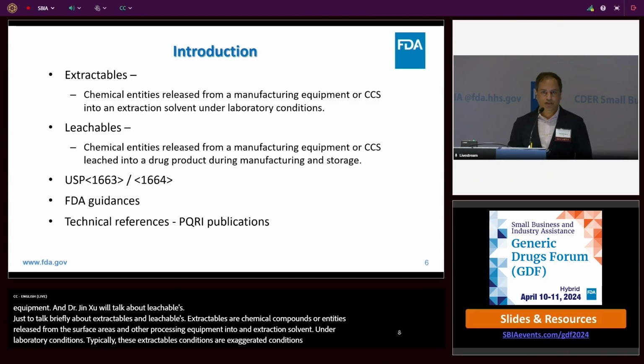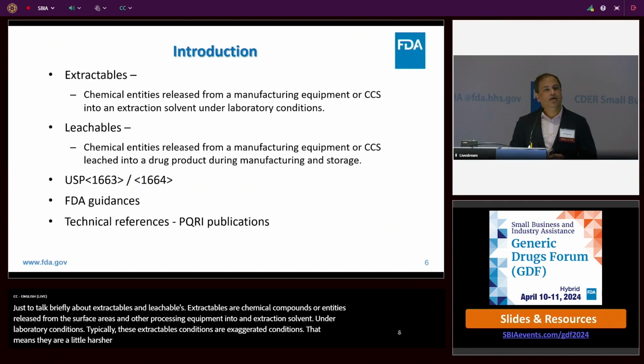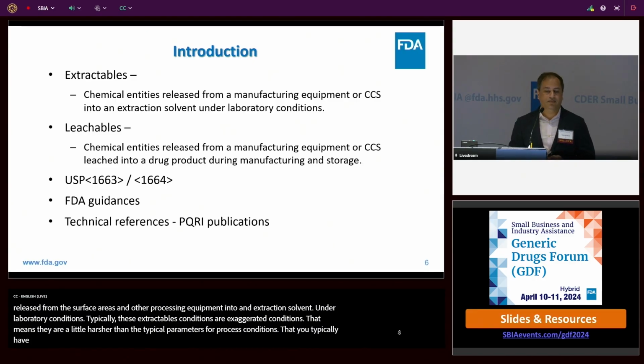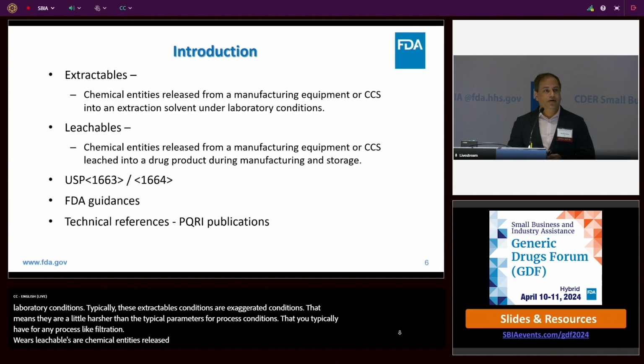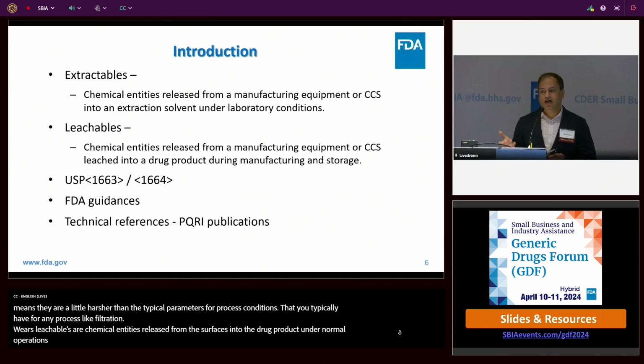That means they are a little harsher than the typical process parameters or conditions you would have for any process like filtration, filling, what have you. Whereas leachables are the chemical entities that are released from the surfaces into the drug product under normal operations, like during the manufacturing process and over the shelf life of the drug product.